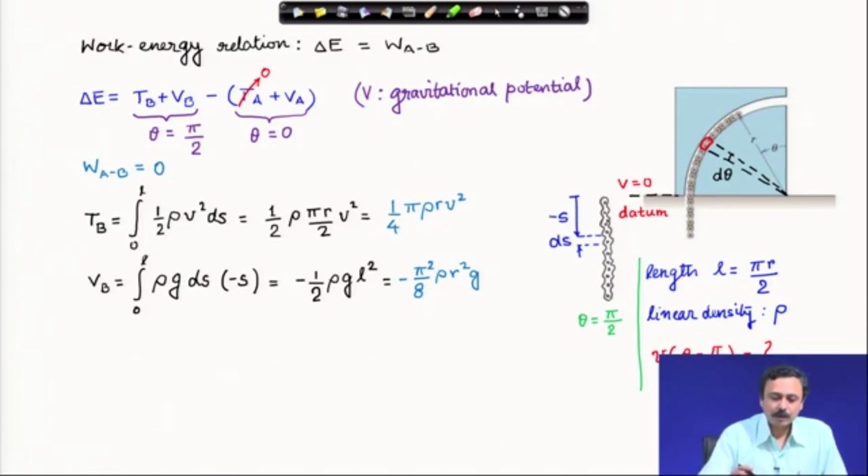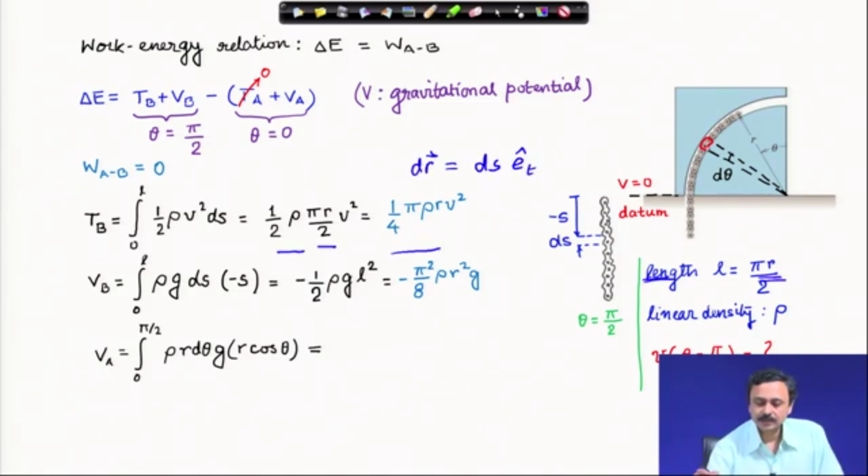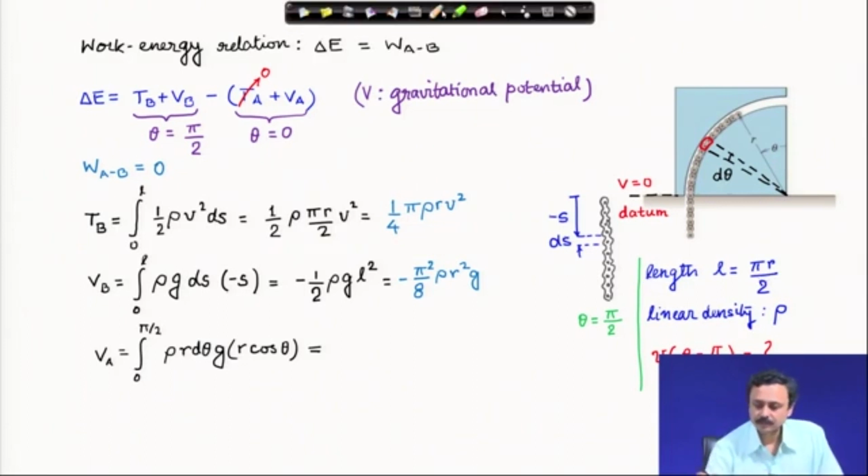Now, we have to calculate the potential energy expression at A. Kinetic energy is 0 because the chain starts from rest at A when theta equal to 0, but the potential energy expression requires a step. Again, imagine this element here. I have marked out this element ds.